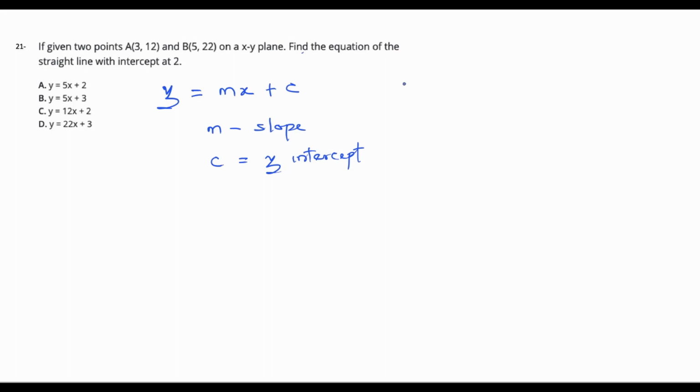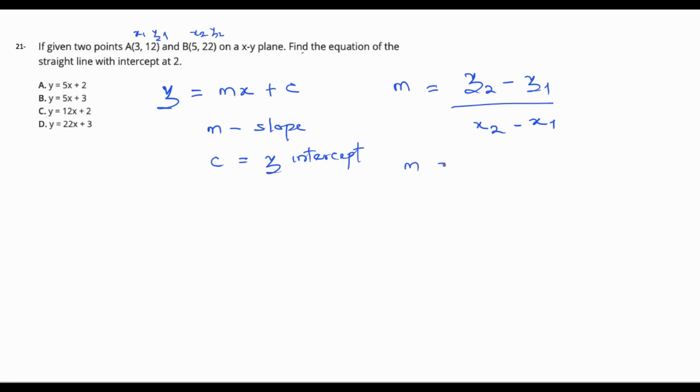Now to find our slope m, we would have y2 minus y1 over x2 minus x1. So if we look at our question here, we'll have that this is x1 and this is y1 and this is x2 and this is y2.